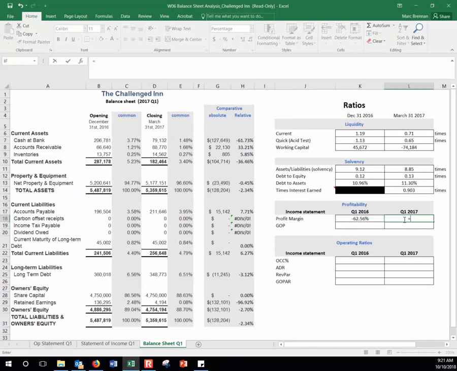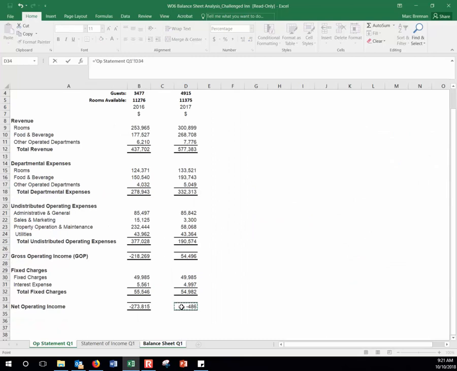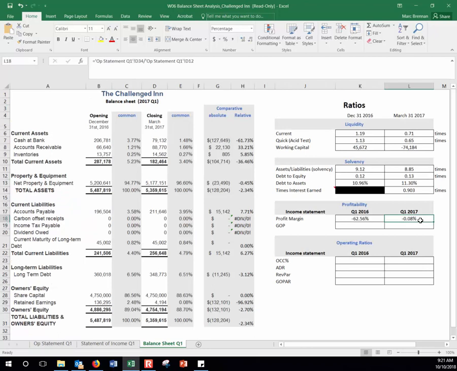So it was negative 62.56%, not good in the previous quarter. And then we'll do the same. Negative. So the fact that both of these are negative is not a good thing. The average for Canada is somewhere around 4%, 4.2%. We're not even close to that.